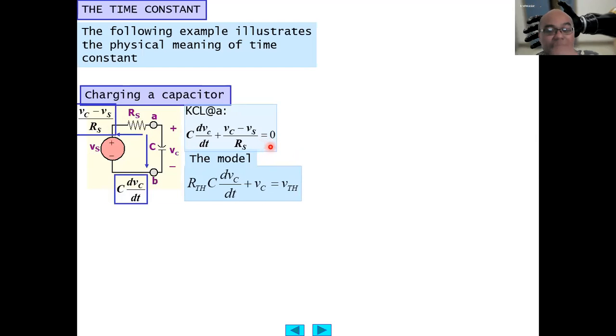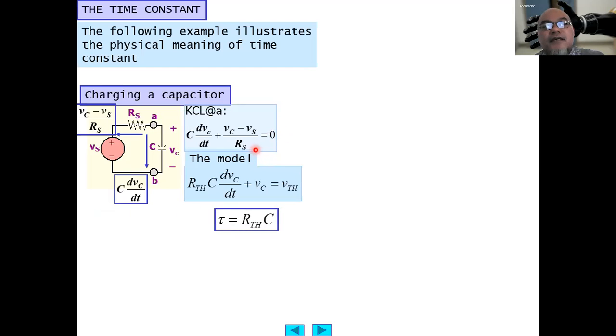Here we multiply each term by RS, so this becomes RS C dvc/dt plus VC equals VS. The VS we put on the right hand side of the equation.